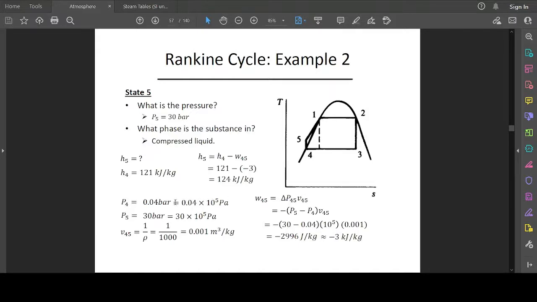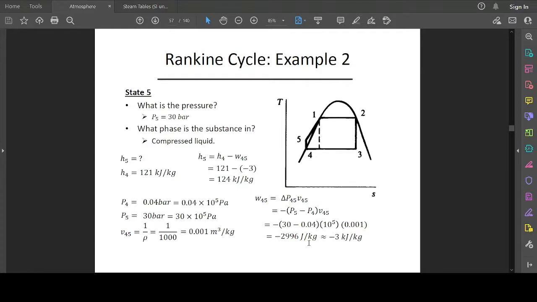If we convert the pressure from bar to pascals for these two points, we can take the difference and that gives us the change in pressure. Now we know that this is water, and we can assume that the inverse density of water at this constant temperature will be 1000.